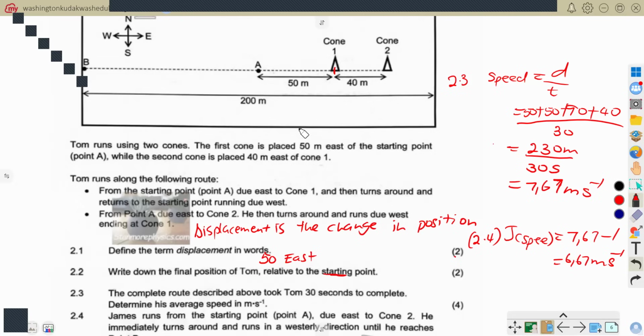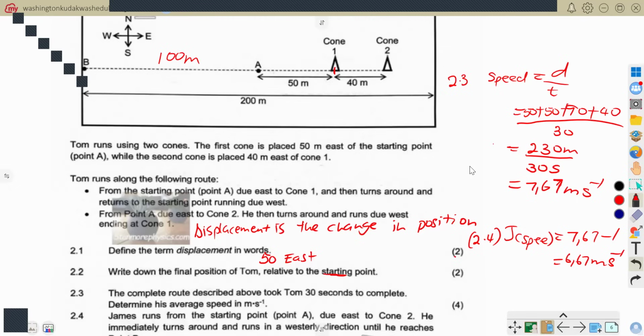So you would see that the distance here is just 100 meters. Now they're saying calculate the time it took to run that whole journey from here to cone 2 and back to point B, given that the speed is 6.67 meters per second.